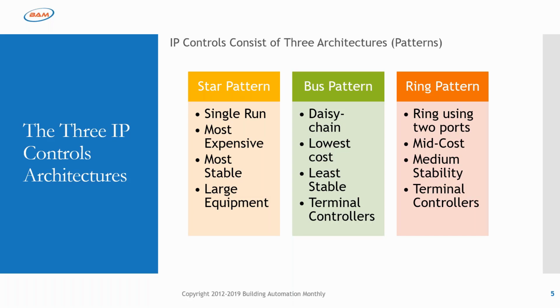If you were to ask me my recommendations on IP controls, implementation strategies, and spec designs, I see the most benefits from using IP controls with a star pattern going to large pieces of equipment and then still utilizing MSTP for terminal equipment controllers, things like VAVs, etc. That's where I see the break.